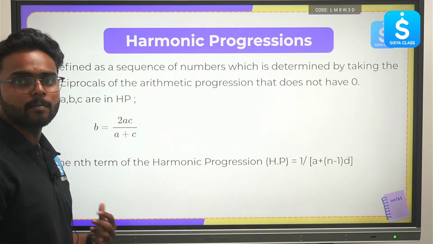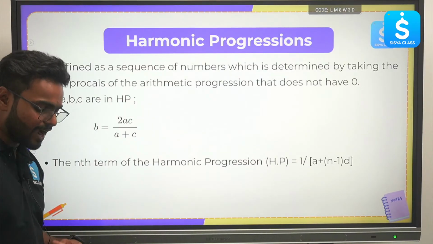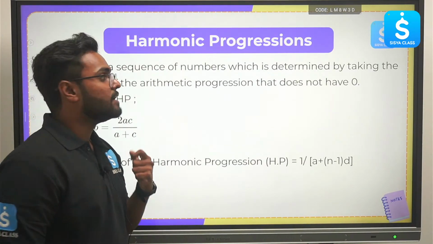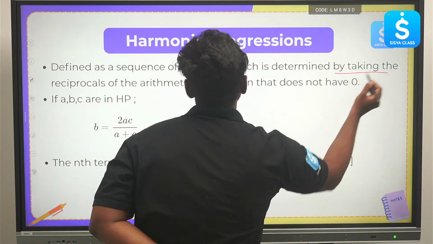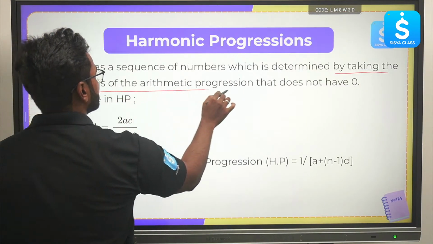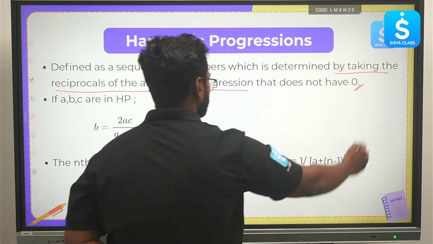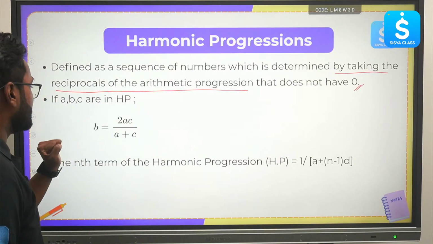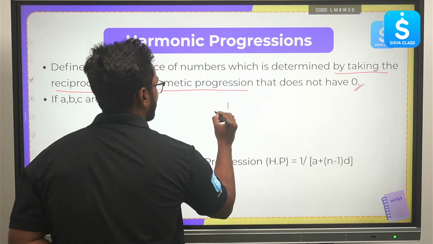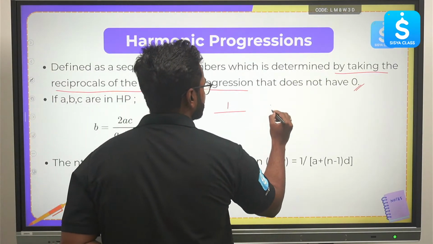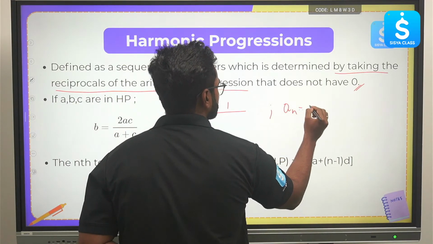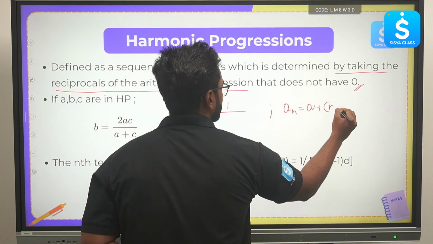Coming to harmonic progression. Harmonic progression is defined as the sequence of numbers determined by taking the reciprocals of an arithmetic progression that does not have 0. So let me tell you, in this we have the nth term. What we learned for the nth term of AP is a plus n minus 1 into d.